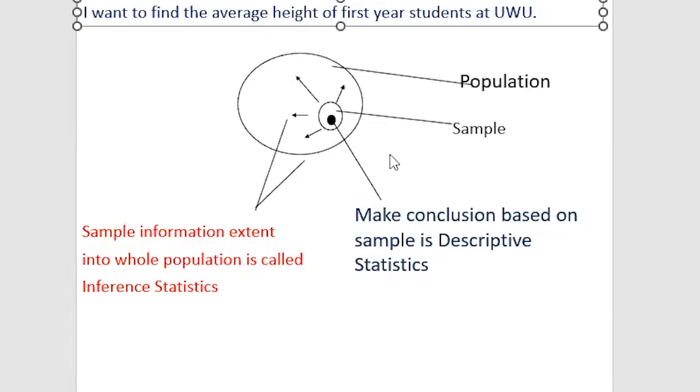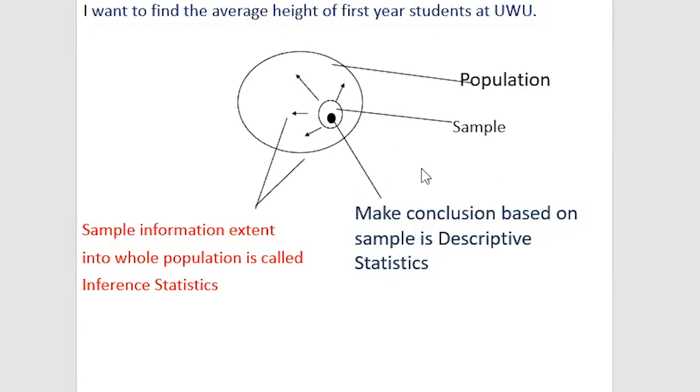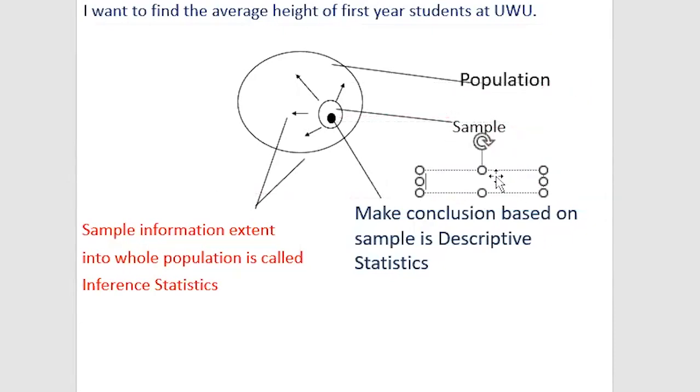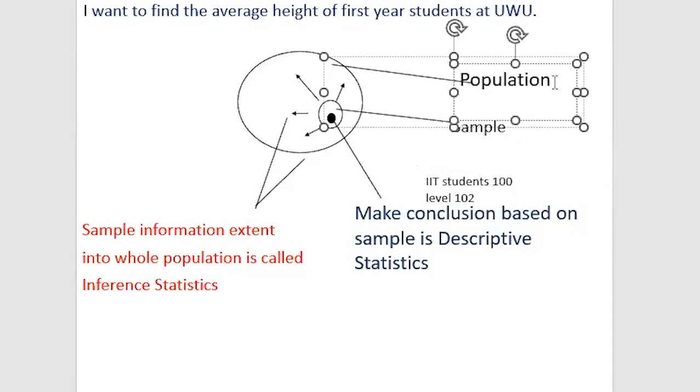Say I select the IIT students, 100 level, say 102 students. Here the population is say 1,400.